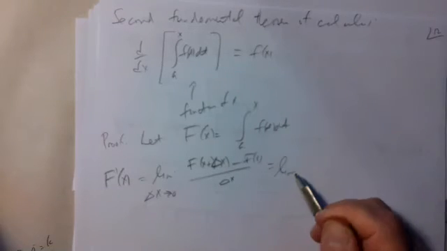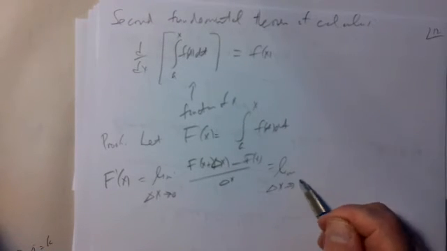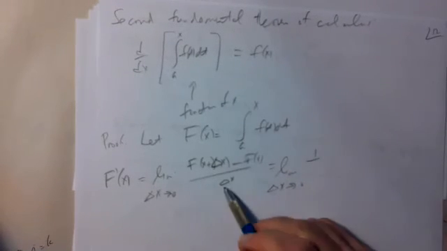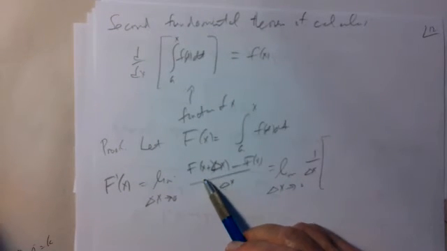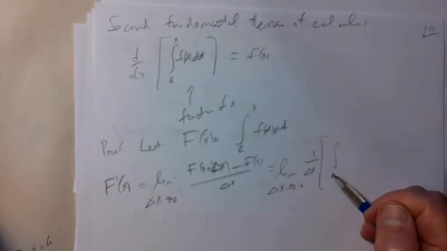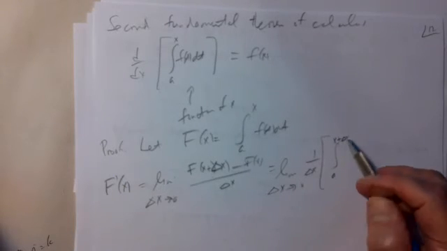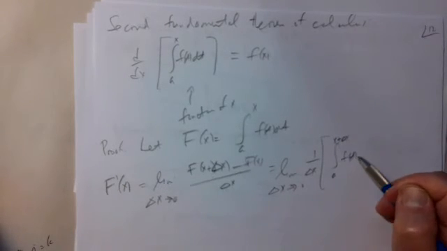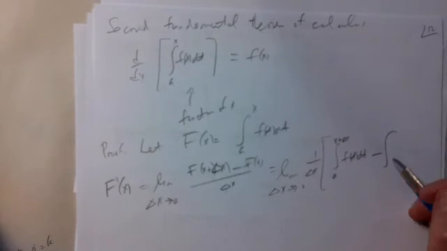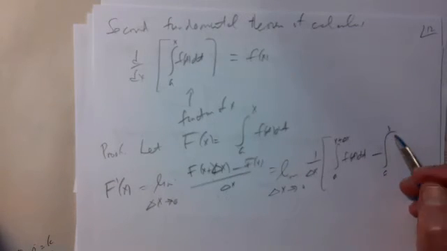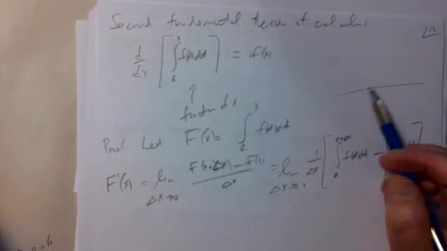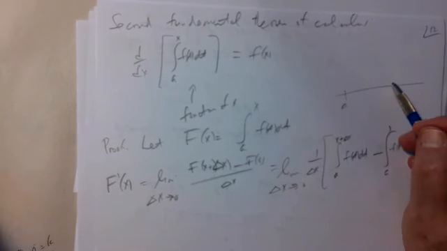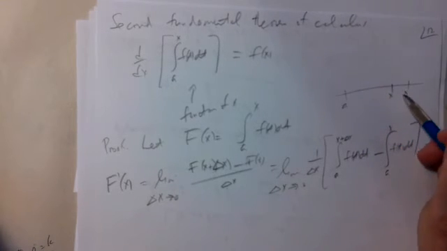This is the limit as delta x goes to 0 of 1 over delta x times the integral from a to x plus delta x of f of t dt, minus the integral from a to x of f of t dt. If you think of this on the number line, this is a, x, x plus delta x.